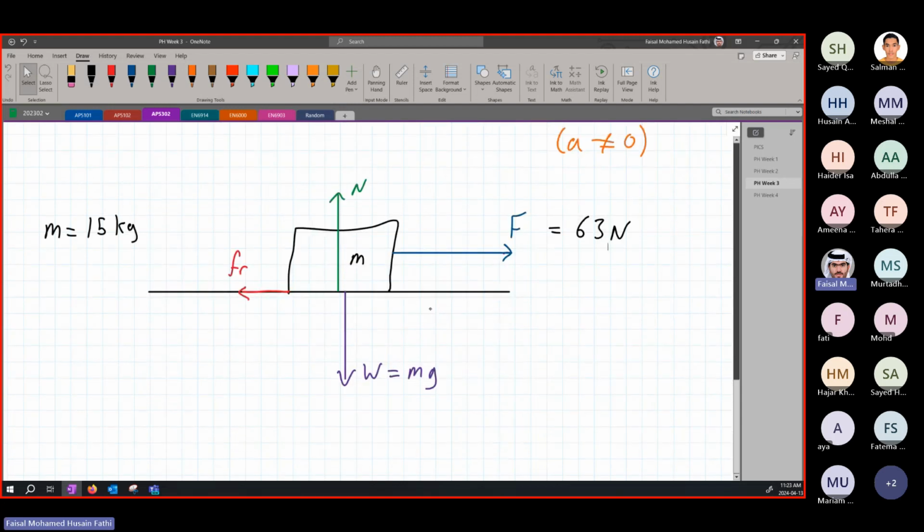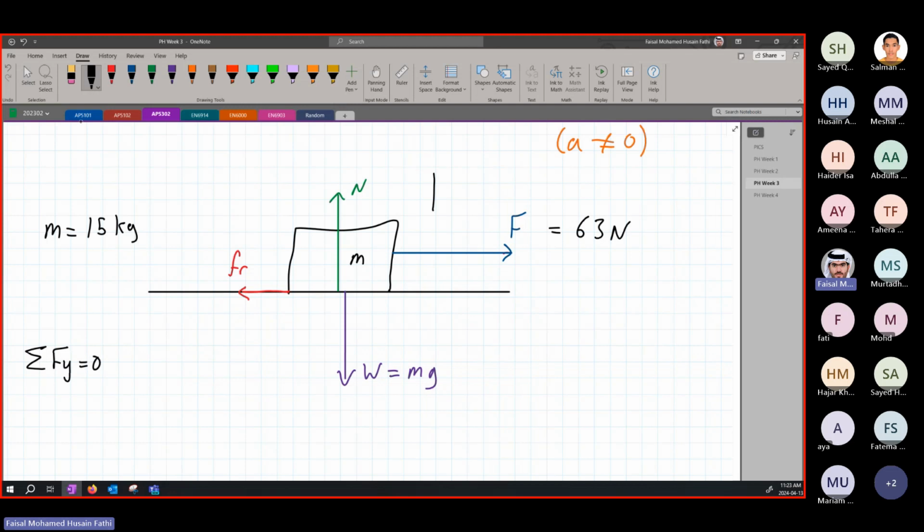The first step is to do sigma Fy equal to 0. First of all, assume our positive directions so that there's no confusion. This is our plus y, and this is our plus x. Anything in the upwards direction is positive and downwards is negative. Anything to the right is positive and to the left is negative.